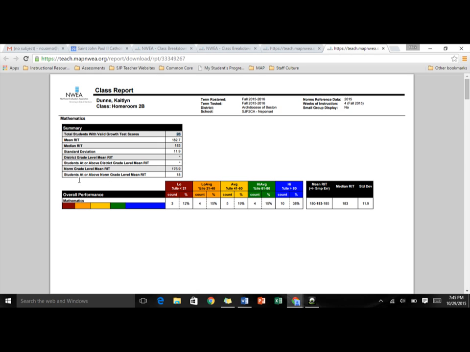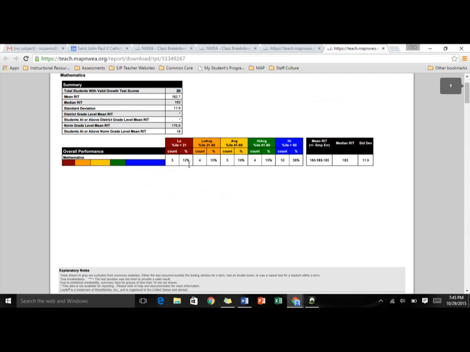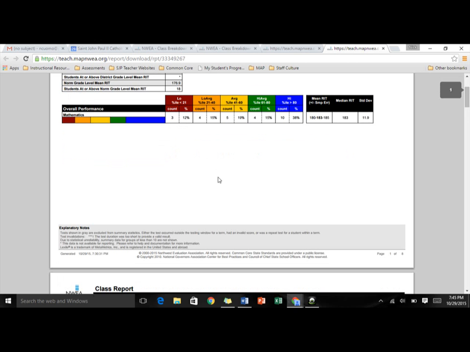So in Miss Dunn's class, we have about 18 students that are at or above norm grade level. And we could see that breakdown, how many students are falling in the percentiles. So below the 21st percentile, we have 3 students, and that correlates with this color-coded system that MAP presents.